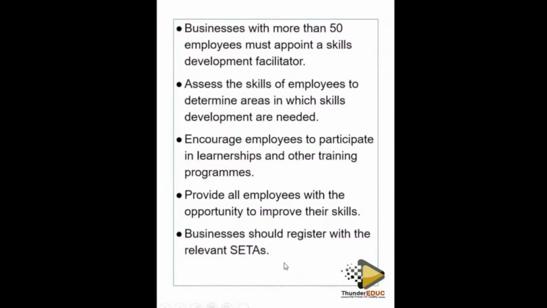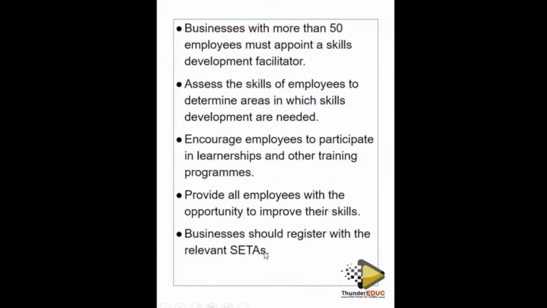If you still remember, we said that there are SETAs that are not accredited. They are not registered. Especially nowadays, if you can check, scamming is taking place a lot. There are people who can just claim to form part of a SETA when in actual fact they are not accredited, and they come to your business and try by all means to lure you.